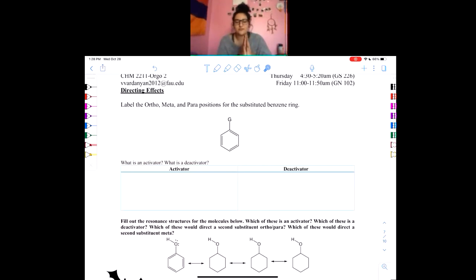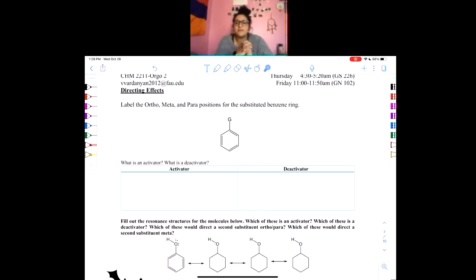I understand, because it's a really weird concept, especially because the way Dr. West explains it is kind of confusing if you don't have any background on it. Again, when you have one group added to a benzene ring, it will then affect how the groups are added from then on. So the group that's already on the benzene ring is the director. That is what's doing the directing for the next group. Are we good with that so far?